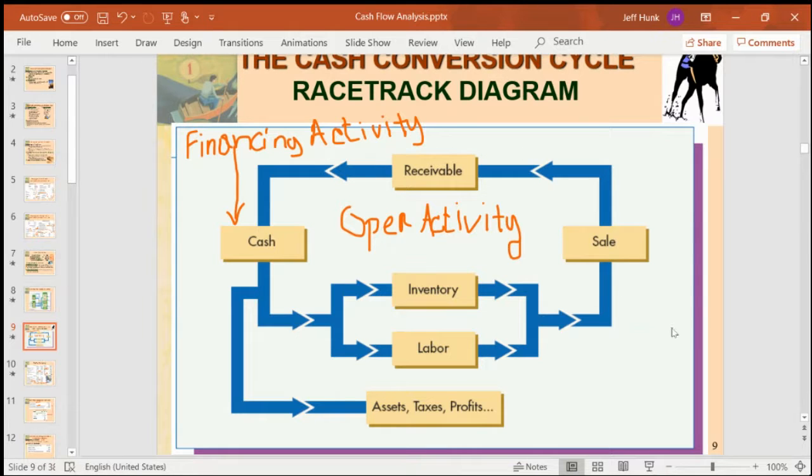Of course, financing activity is a source of cash, but investing activity, which is not described here, is usually a use of cash. And no wonder they are mainly focusing on the operating activity.